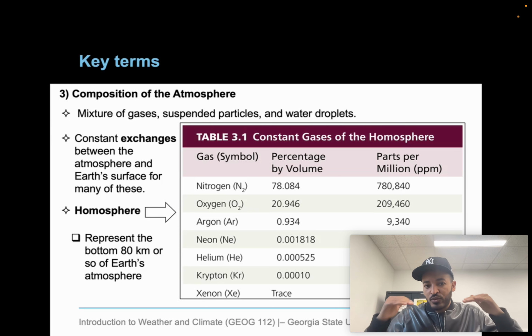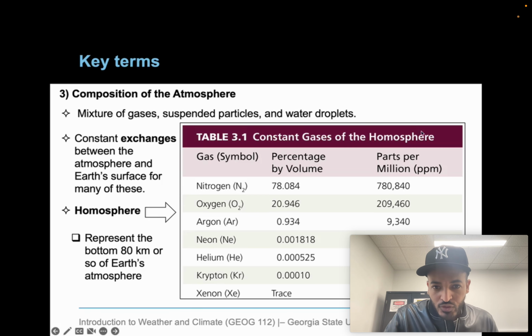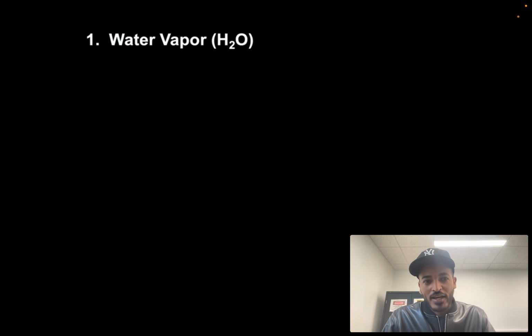It's within the first 100 kilometers or so from the Earth's surface. So what we see here more or less represents all the gases we find in what we consider to be an integral part of the atmosphere.